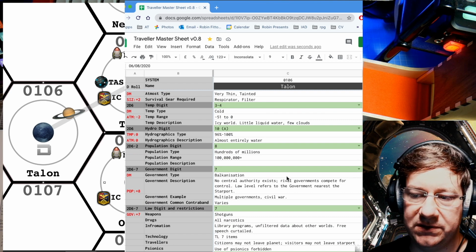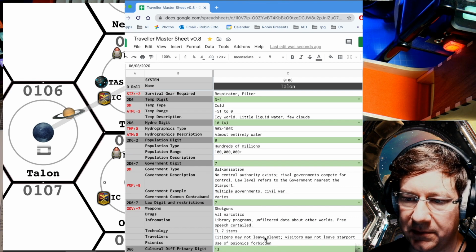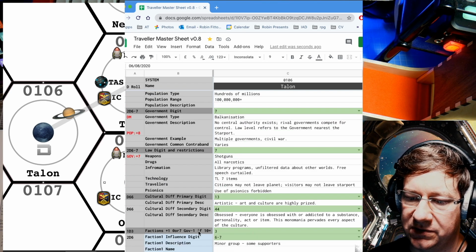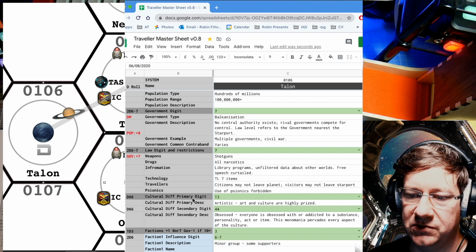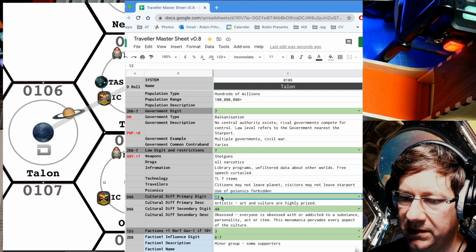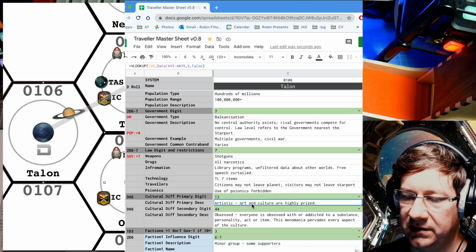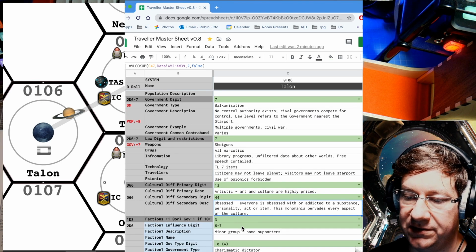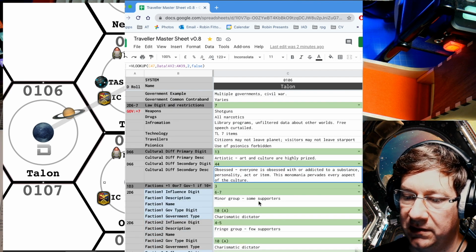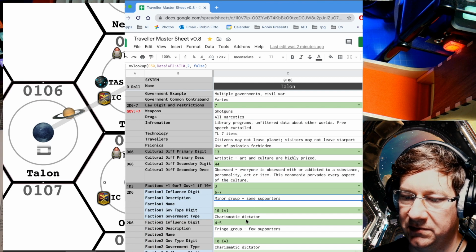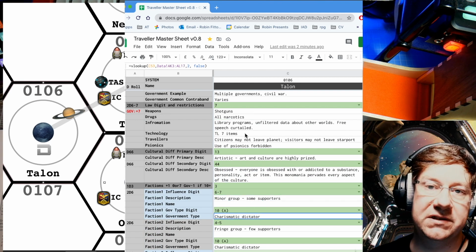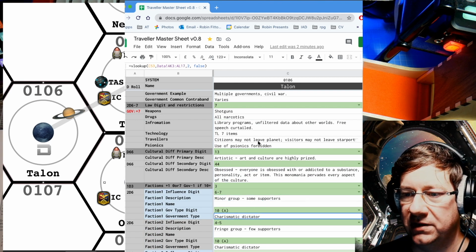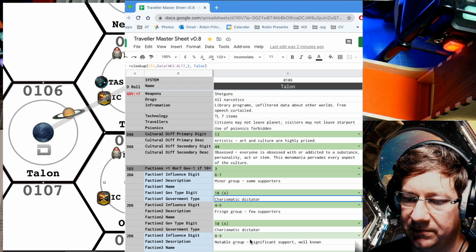So they're probably obsessed with a dictator, I would think, because their primary cultural item here is 13, which is artistic and then obsessed with a substance personality. So I think one of these groups here, probably maybe one of these minor groups, has got a dictator, or possibly even a dictator running one of the balkanized states already.